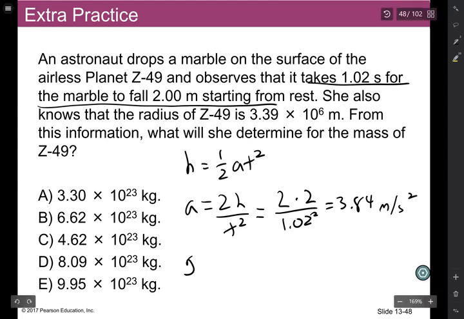But we also know that g is G M over r squared, which we can solve for the mass of the planet, which is what we want to know.